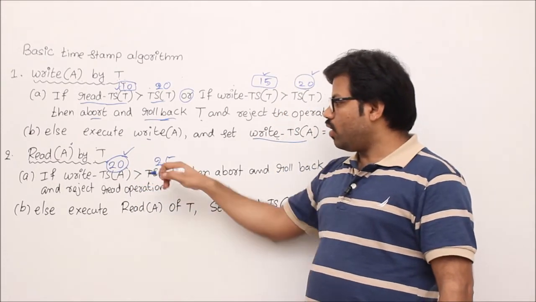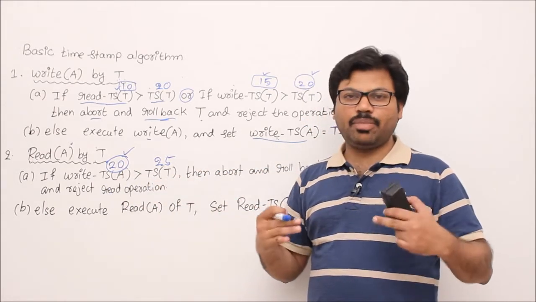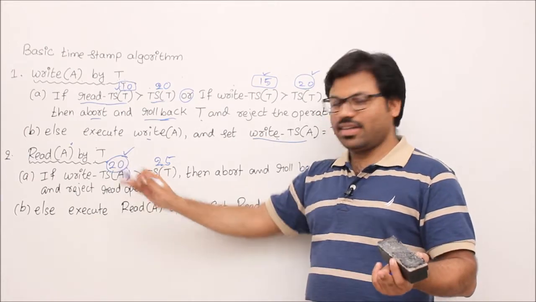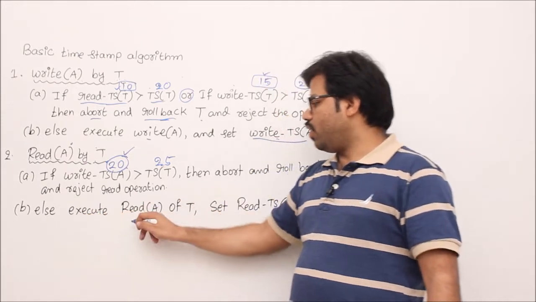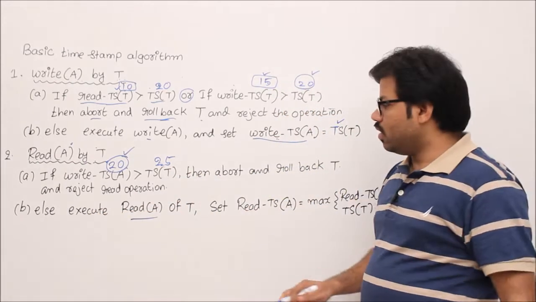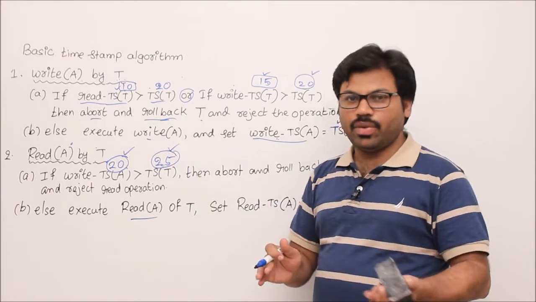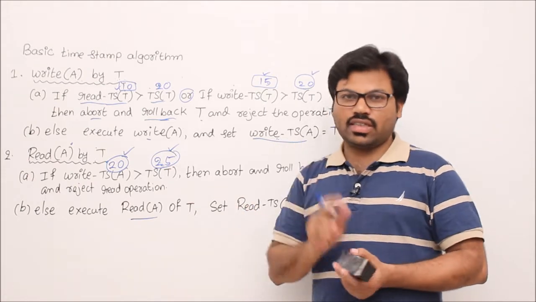That means you want to read it, but so far only older people wrote it. That means the younger people, the ones created after you, did not write it. That's why the condition is false, right? Then happily we execute read of A. We are in the right order. So maybe this 25 will now be the youngest number who read the database item A. Who knows, correct?